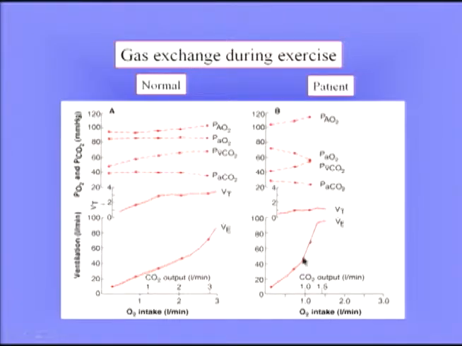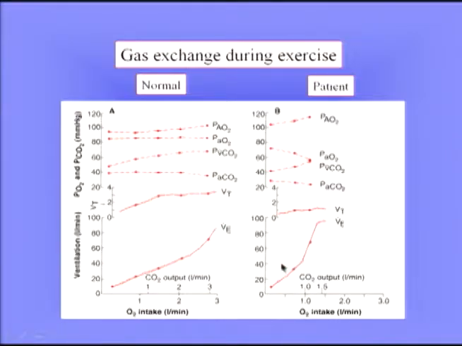His ventilation increases about as much, or even a bit more perhaps, than the normal subject, so a big increase in ventilation, almost no increase in tidal volume. So this means rapid, shallow breathing. And finally, what we see is a dramatic fall in the arterial PO2 as the exercise level increases, and this, incidentally, in spite of a rise in the alveolar PO2.